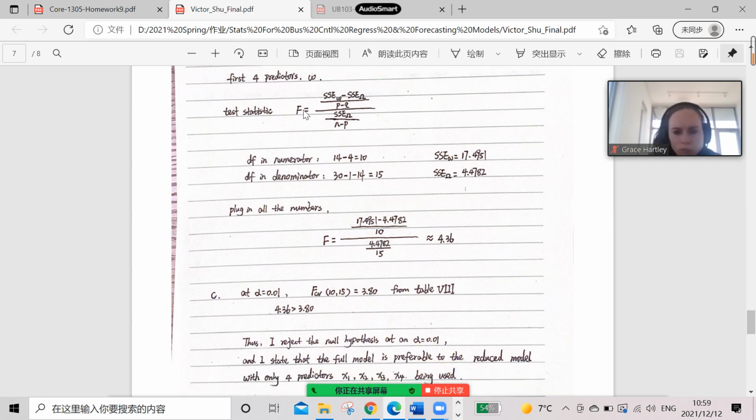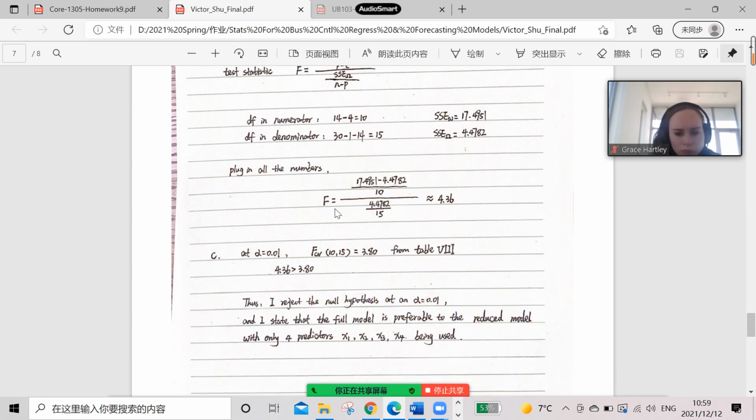Then after you plug in all those numbers to calculate the F, you have to find the F critical value. Here I assume alpha equals 1%. In the F table you have different alphas, and the way you locate the F critical value is you plug in the df in the numerator first and then the df in the denominator second. So it's F critical value with 10 and 15, and then you can locate the F critical value.